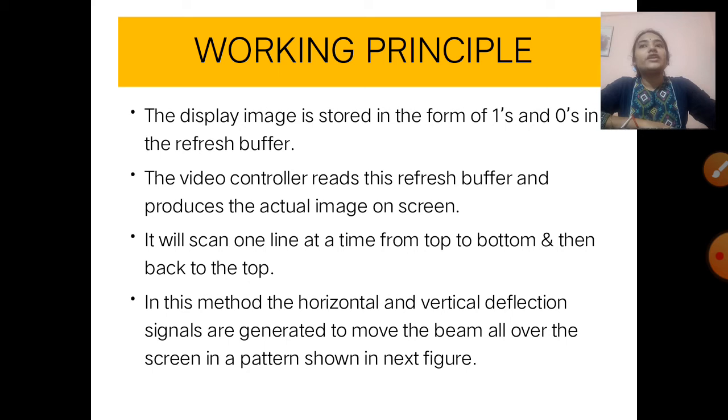It will scan one line at a time from top to bottom and back to the top. When we read the image from the refresh buffer, it scans one line at a time, from top to bottom and back to the top. In this method, the horizontal and vertical deflection signals are generated to move the beam all over the screen in a pattern shown in the next figure.